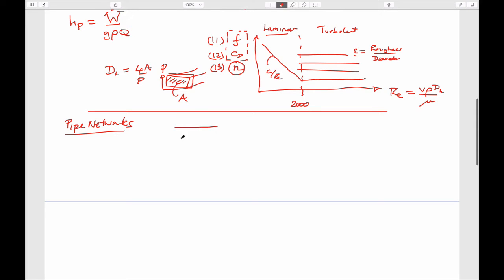Those which are in parallel, those which are in series, and you've seen these figures before, I think, between upstream and downstream, and also those which are maybe branching.